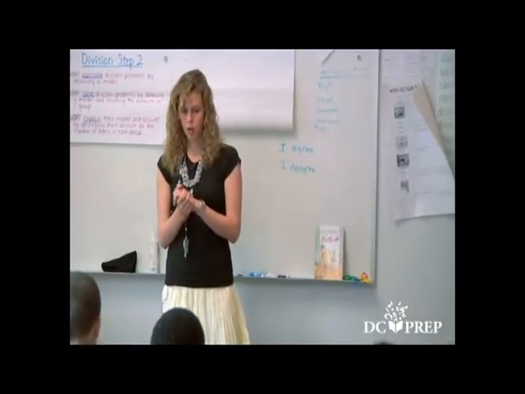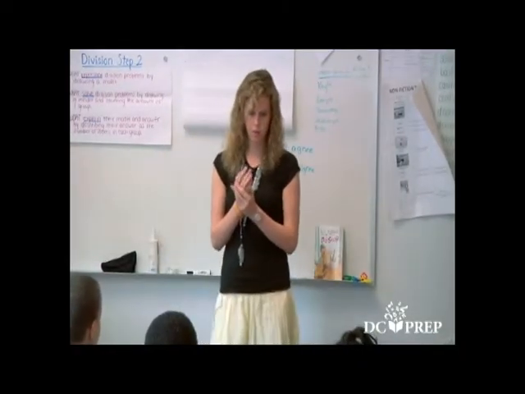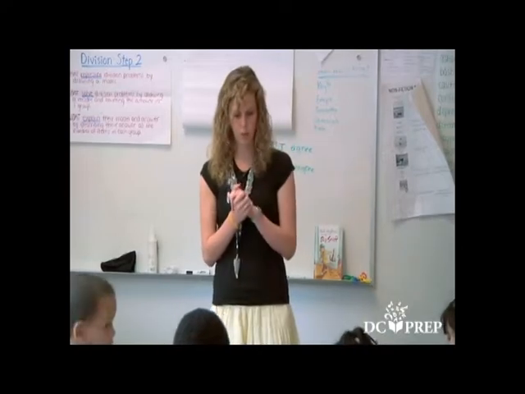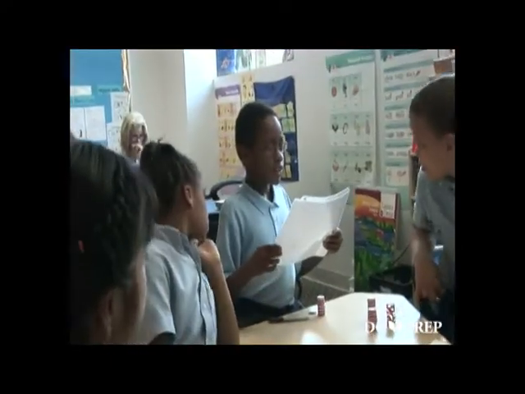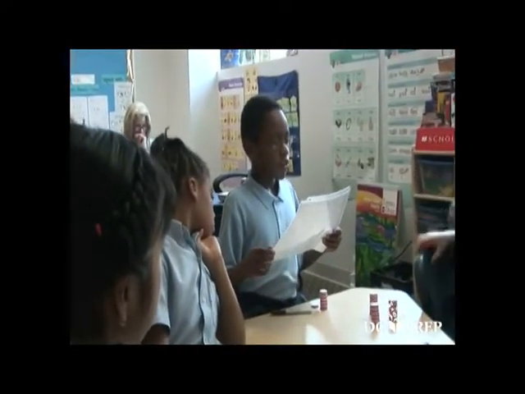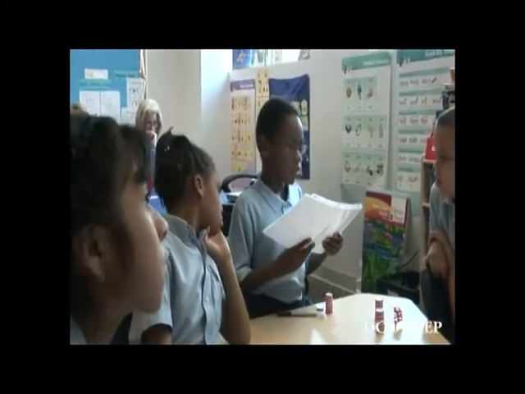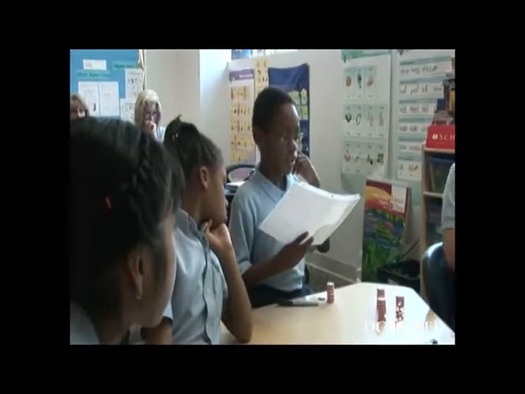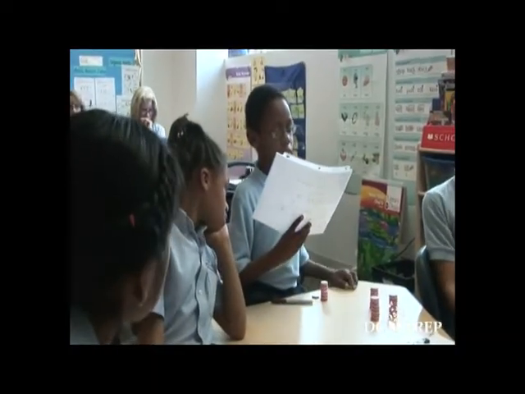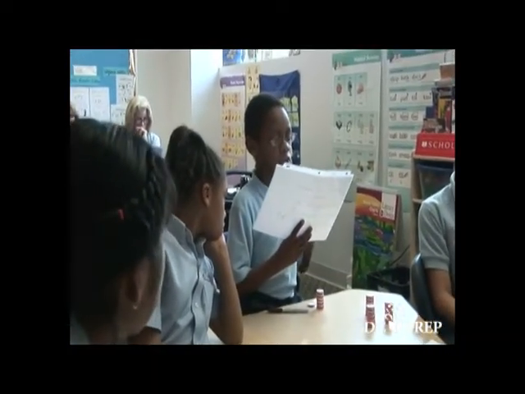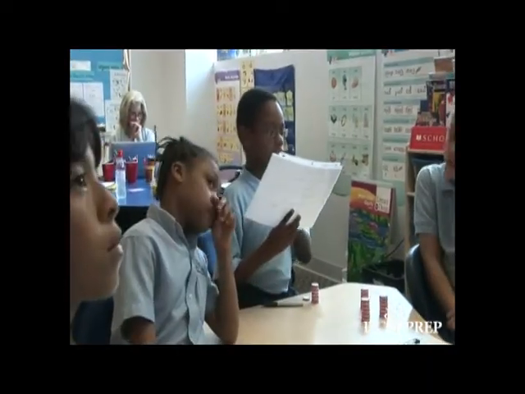Jason, can you share your do now with everyone? Can you read your paper out loud, please? This model shows 40 items separated into 4 equal groups.